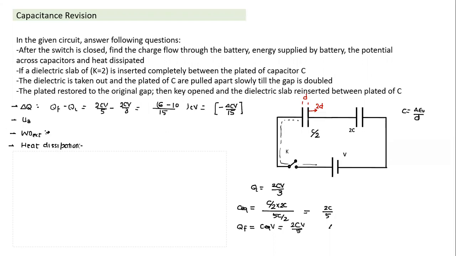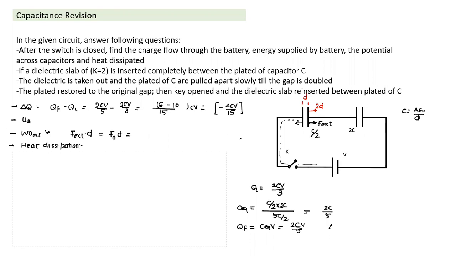By the external agent, suppose we have to pull it apart. You have to apply a force like this, pulling it apart slowly. You have to apply an external force which is equivalent to what? Work done will be F external into displacement, and the external force is equal to the force of attraction.